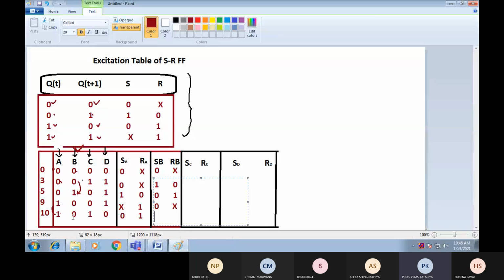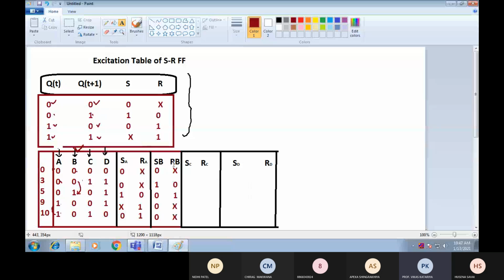Similarly, present state 0, next state 0, so again it will give input 0 and cross. That is the combination for the SB RB flip-flop B.